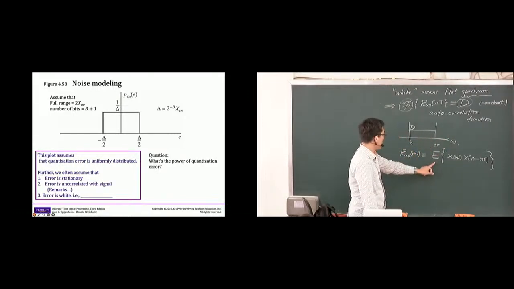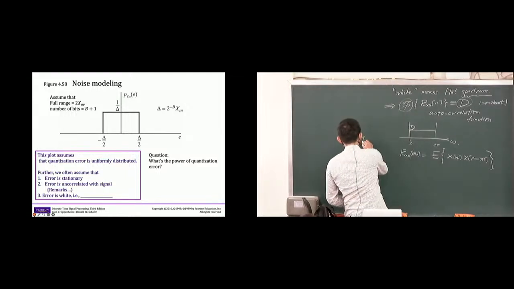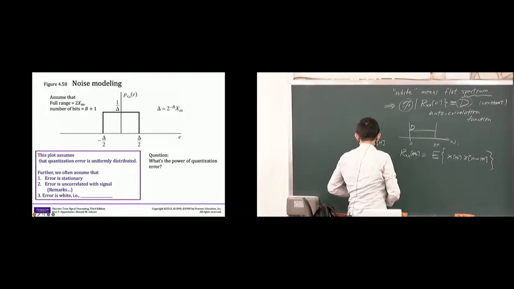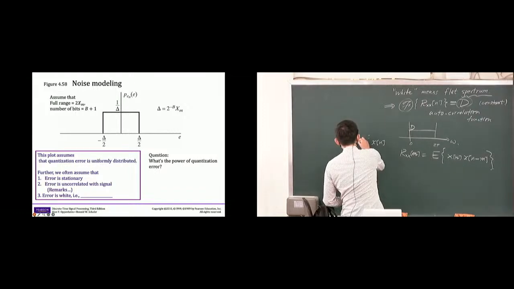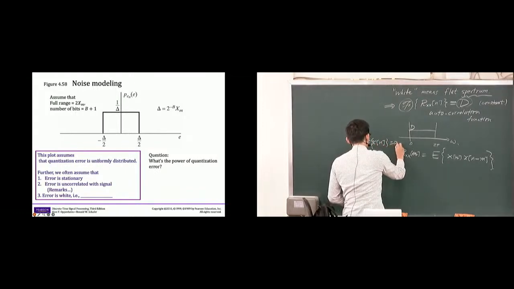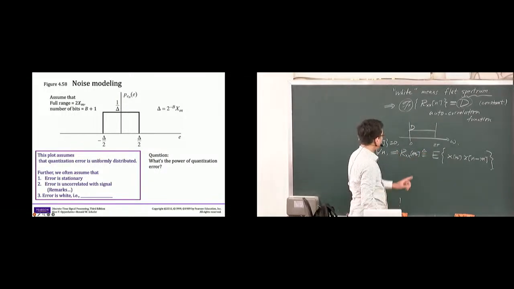Okay, so just roughly speaking, if x of n is itself zero mean for all n, then the autocorrelation function has this expression.